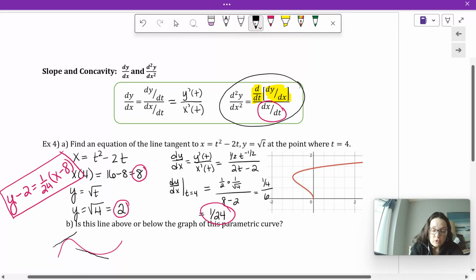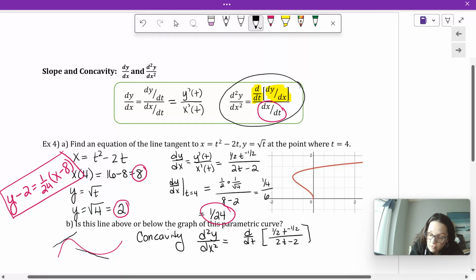So if I want to figure out what the concavity is, I need to find d2y over dx squared, okay? I have to take the derivative of my derivative and then divide that by x prime.